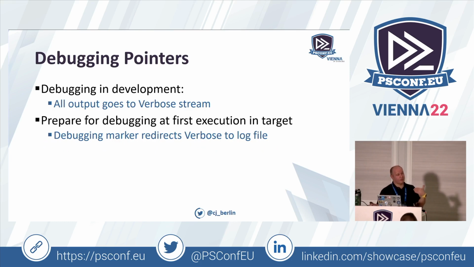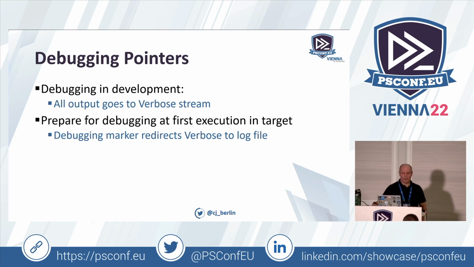Debugging: a script that doesn't provide any output is pretty hard to debug and develop. Verbose stream to the rescue. You just do your normal output, but you direct that to the verbose stream.